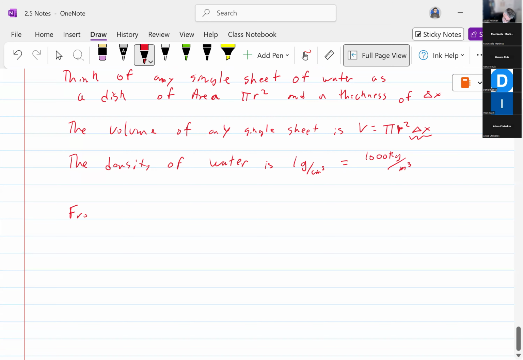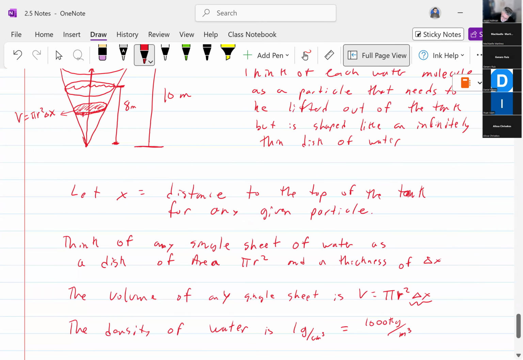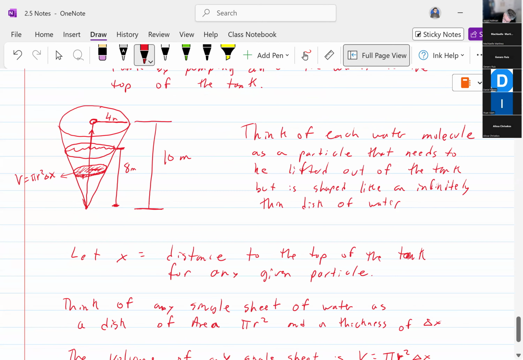From similar triangles, we get what? Let's look at this. I want R, I'm going to put this in black. R to what? What is this distance here? Let's get rid of the H right now.